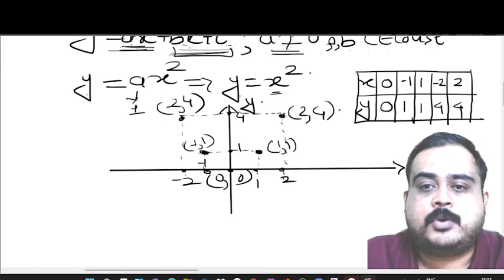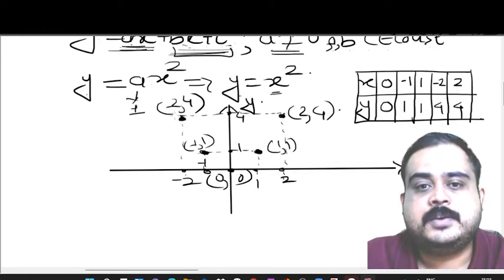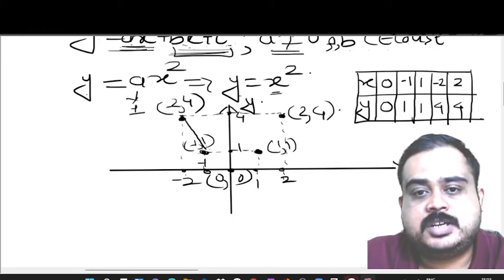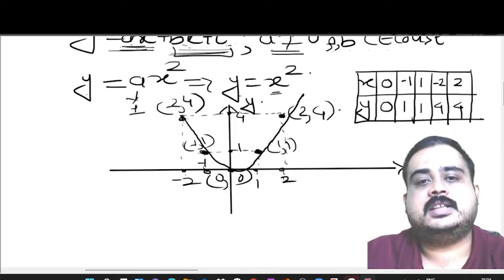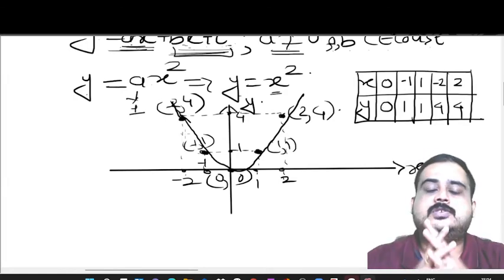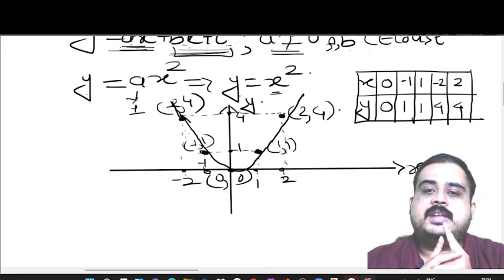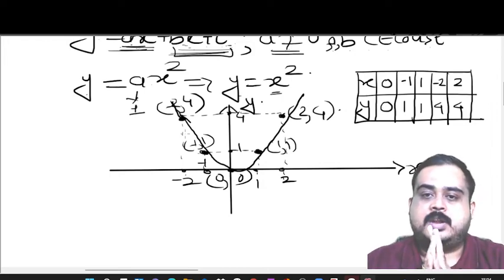These are the 5 points that we have plotted on our Cartesian coordinate system or rectangular coordinate system. Okay, let us join all these points. So when we join all these points, we get a geometry like this, and this geometry is called a parabola. So from here, we'll say that a quadratic polynomial will represent a parabola.